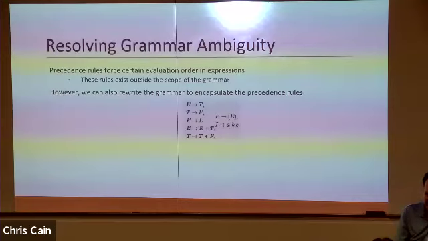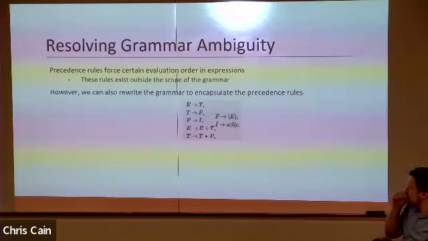So here is an example of a grammar with precedence rules. First of all, take a few seconds and actually look at this grammar. Try to understand exactly what it is doing.